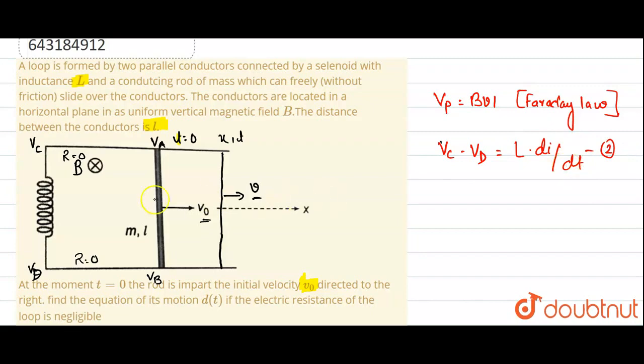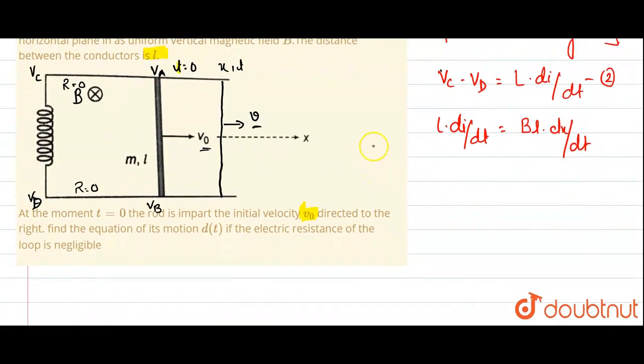Now equate both equations because resistance is 0 there. So L di by dt is equal to BVl, where we can write V as dx by dt. So from here, L di will be B l dx.